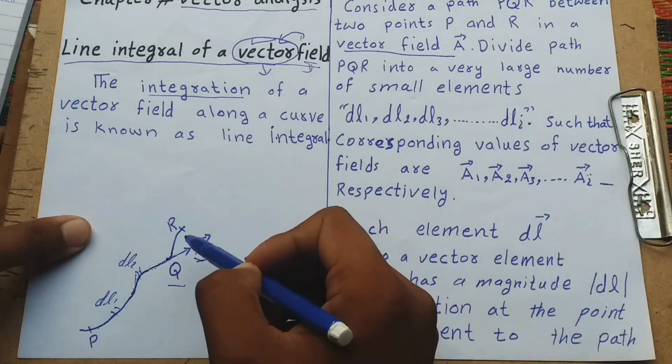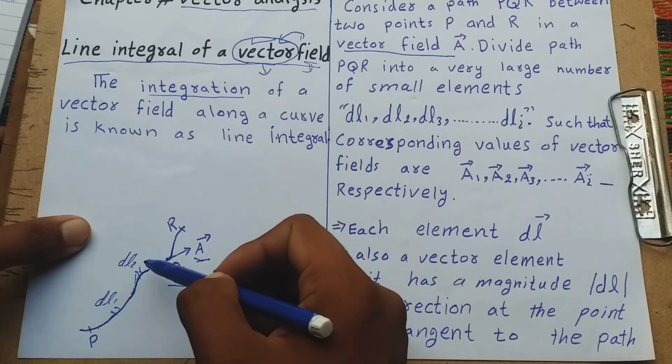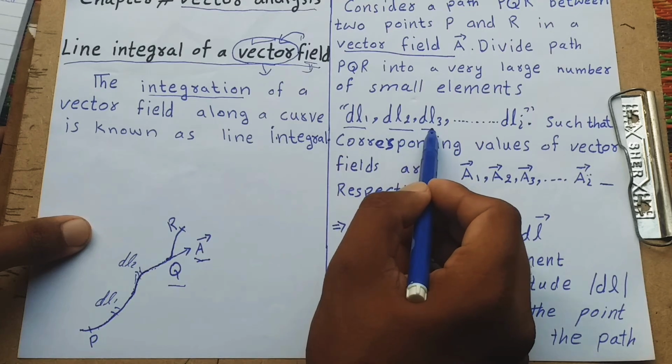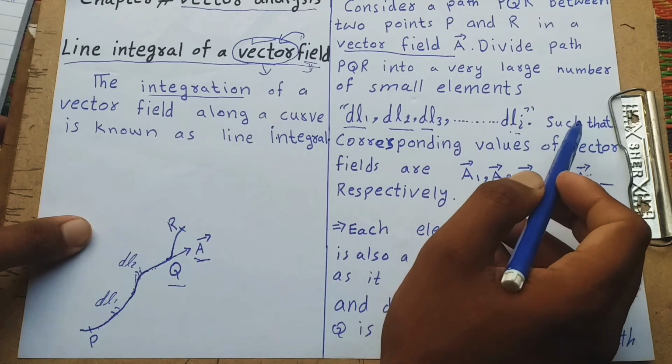This is PQR, and we divide it into very small elements dl1, dl2, dl3, and so on, dli, infinitely many, such that corresponding values of the vector field.